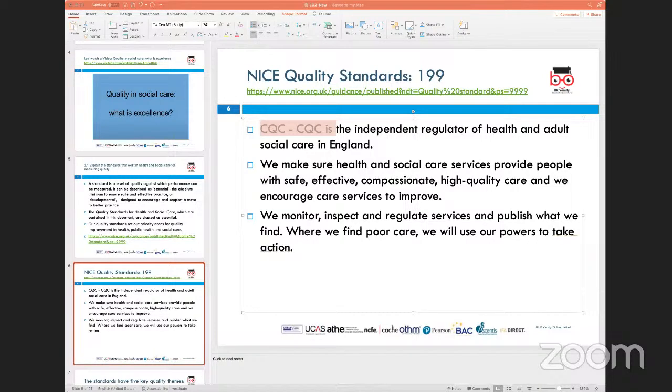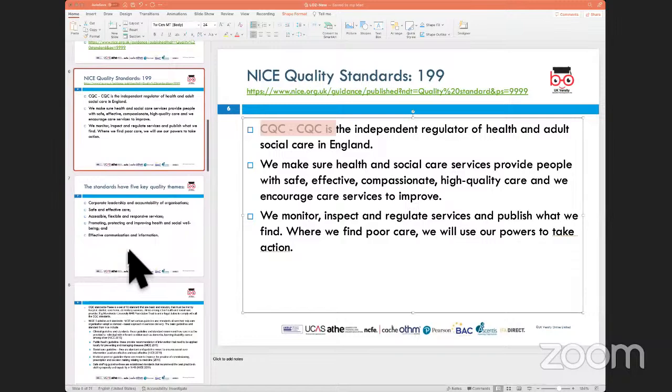They take into account a putting people first or person-centered approach, the 6Cs of care principles. And when I say they're an independent regulator, they have the authority to monitor, inspect, and regulate services, and also put sanctions and fines in place if they find that these standards are not being met. And they even have powers to revoke your license and restrict these services till these service standards are met.